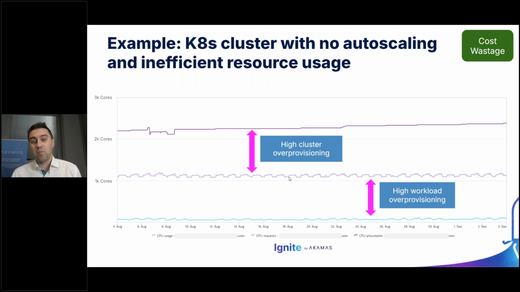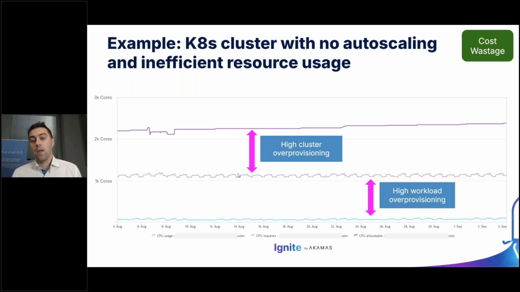But at the same time, the CPU request is really over provisioned compared to the real workload that you are running inside your clusters. So this is an example of a really inefficient usage of both the cluster provisioning and also of the request provisioning.